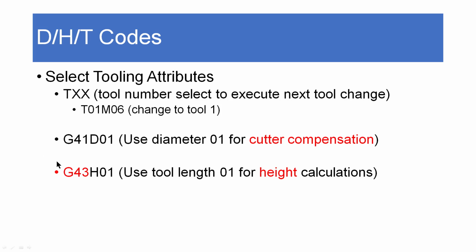I can turn cutter compensation on and tool length compensation on for the tool. D is use the diameter of the edge of the tool to compensate its path. H is use the end of the tool length to compensate for its tip. You'll learn much more about that later on.